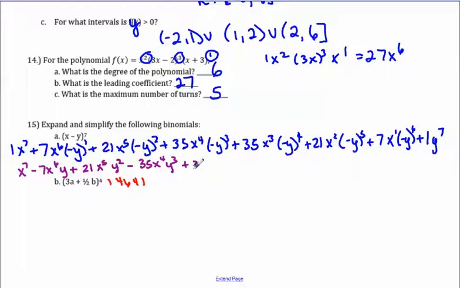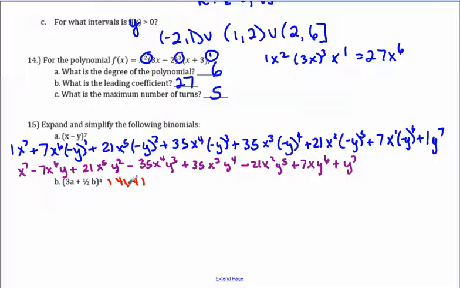So I have plus 35x to the 3, y to the 4. And you can see this pattern, negative, positive, negative, positive. The next one is going to be negative 21x squared, y to the 5th. And then positive 7x, y to the 6, and finally positive y to the 7.